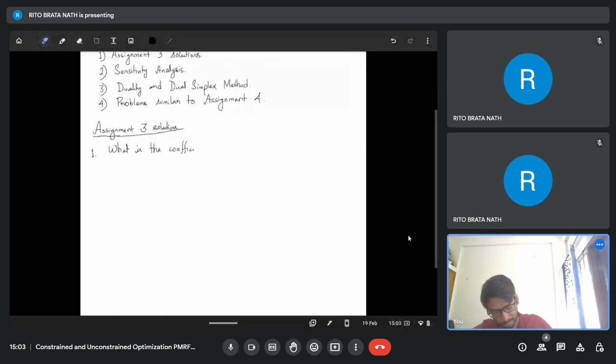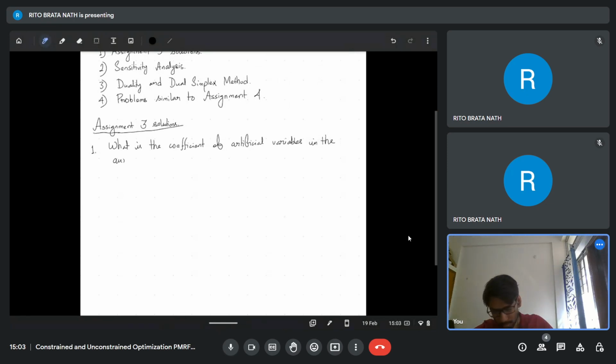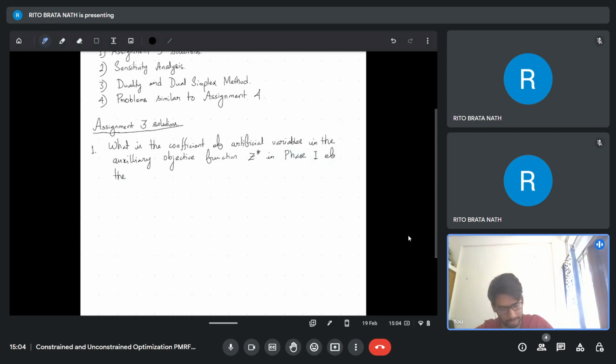What is the coefficient of artificial variables in the auxiliary objective function z star in phase 1 of the two-phase method?